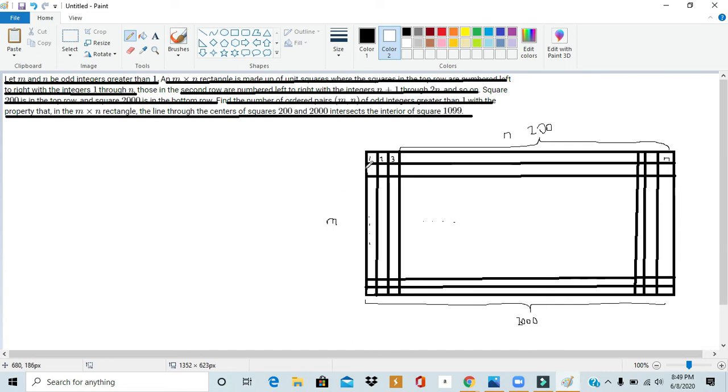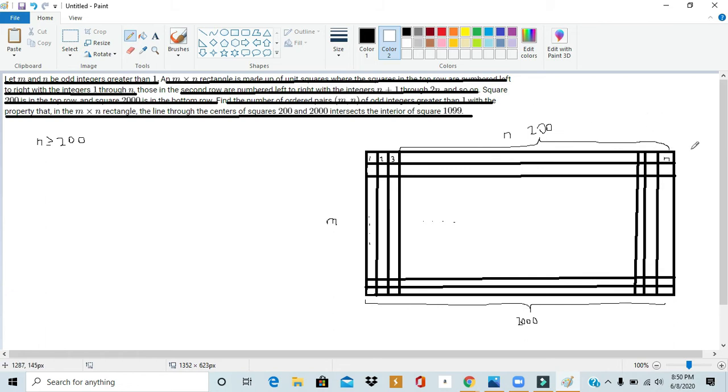So the first relationship that we can see is that n has to be greater than or equal to 200. This is because the first row contains n elements, and 200 is somewhere on that first row.